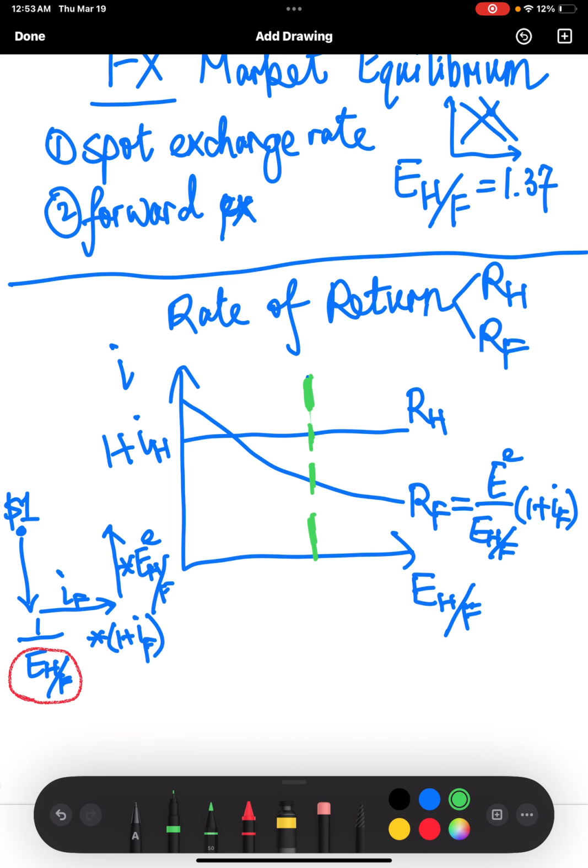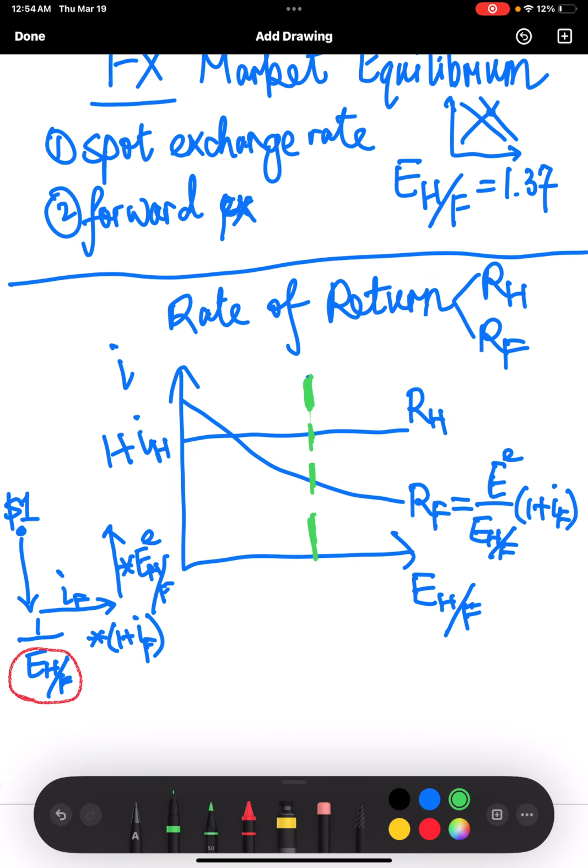So what you can do is exchange your foreign currency to the home currency, and then invest it in the home asset.